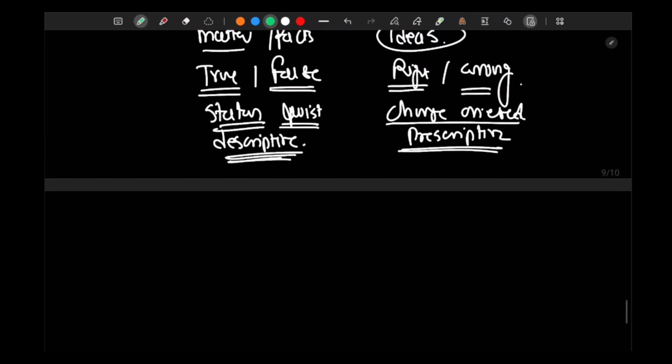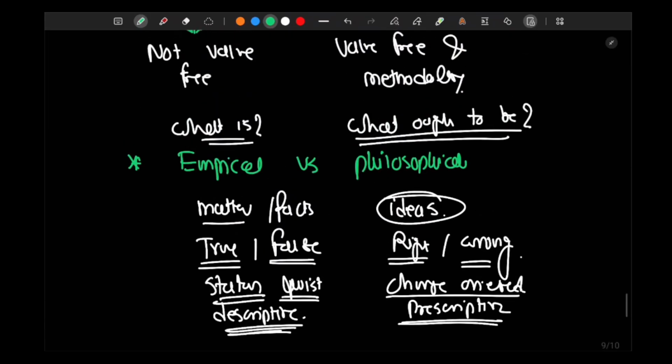So what we are doing is trying to understand various approaches. We finished the empirical approach, but one approach will not suffice for all our queries.